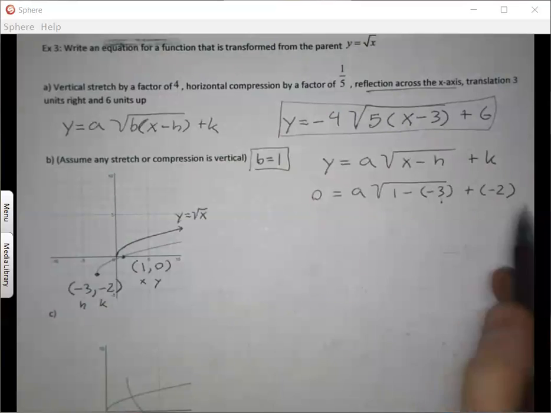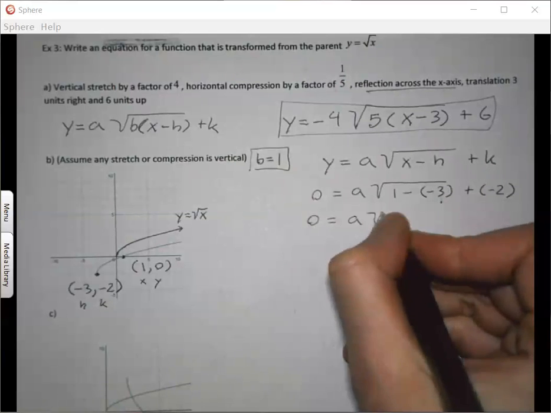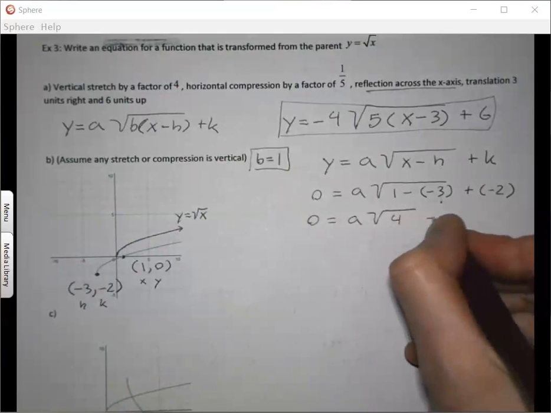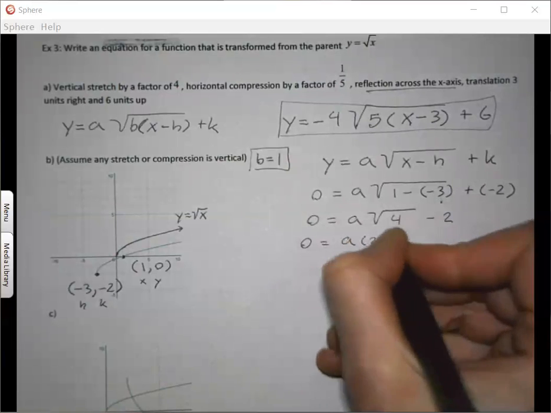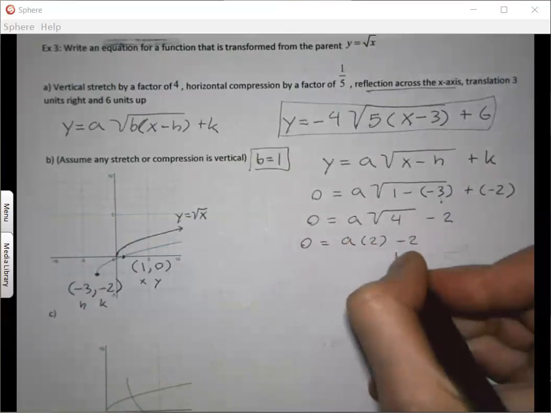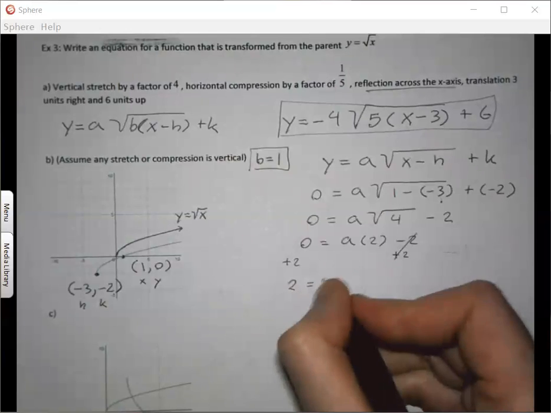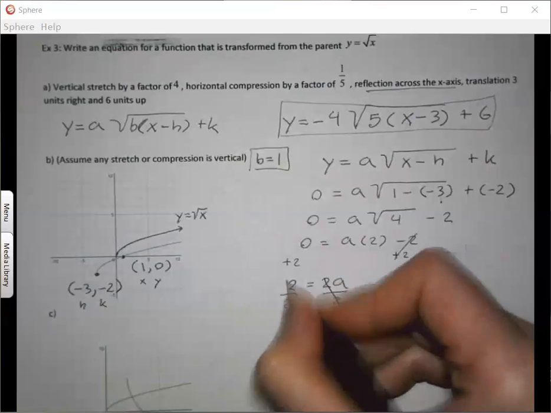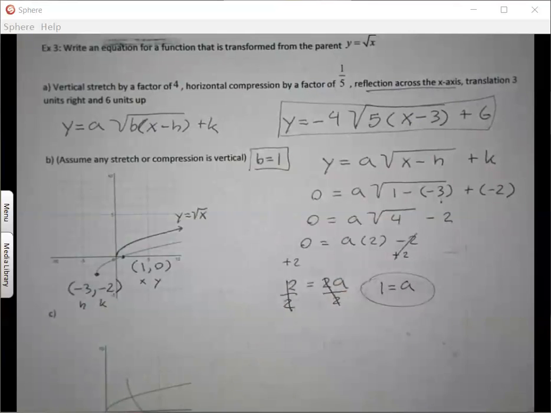And we want to simplify, solve for a. Right, so we found that our A value is 1.